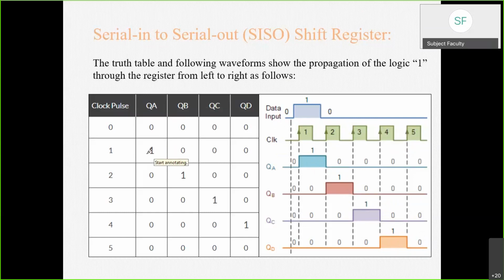Here you can clearly see that 1 is shifted, in this case, from left to right. If you connect these flip-flops in reverse fashion, collecting QD, QC, QB, QA, then the shift will be in the opposite direction. So this is regarding SISO.